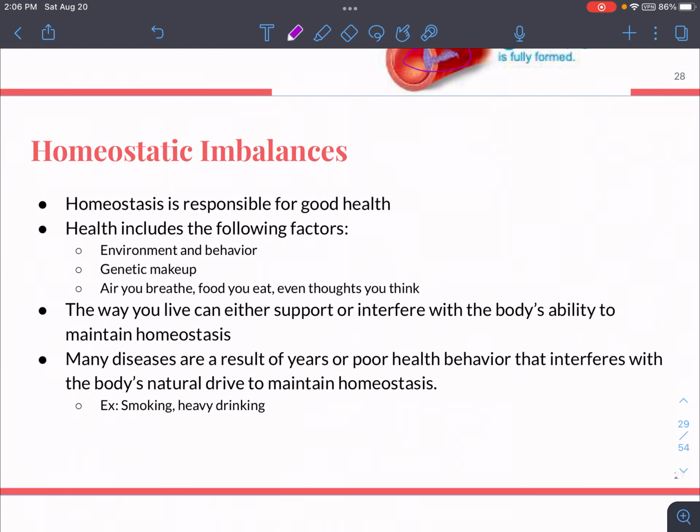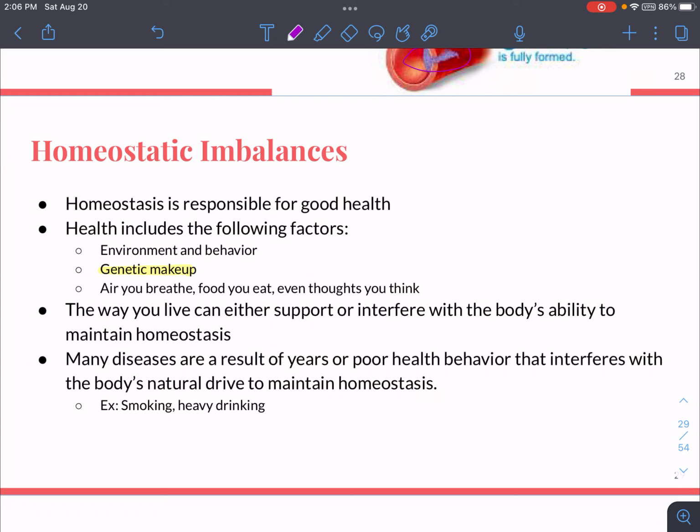So if we want to maintain good health, we need to maintain homeostasis in our body. So to have good health, you need to be in a good environment and have good behaviors. Going out and binge drinking all the time, that's not necessarily a good behavior. You also have, unfortunately, something you cannot control, which is good genetic makeup.